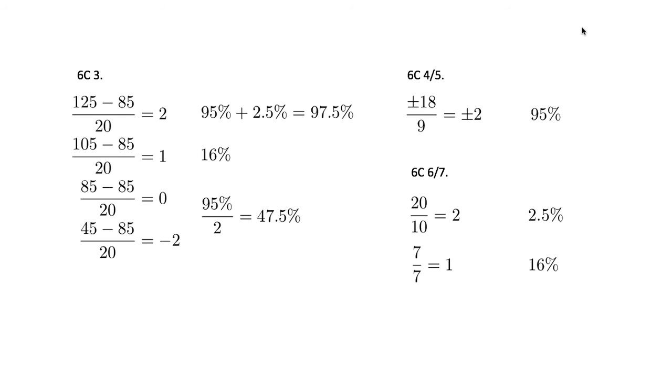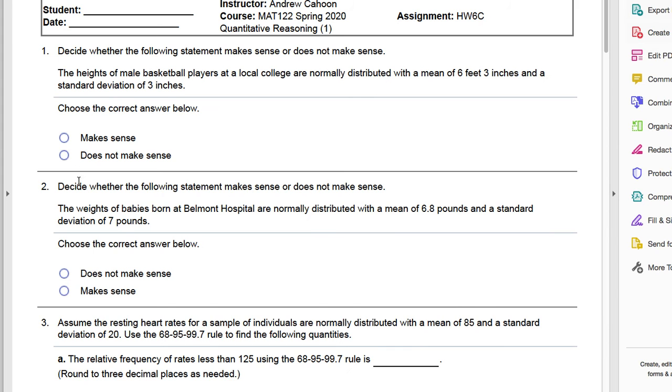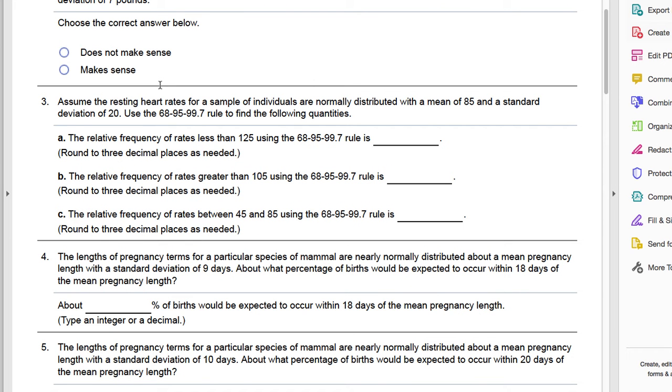For problem 6.3, this is problem 3 here. You have a mean of 85, standard deviation of 20, and there are 3 parts. We're looking at the rates less than 125, greater than 105, and in between 45 and 85. In order to use the rule, we need to know the z-scores for all 4 of those values.